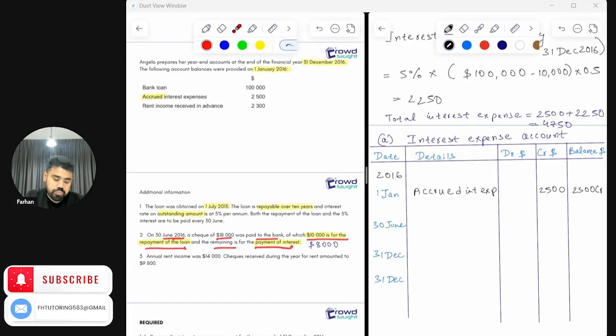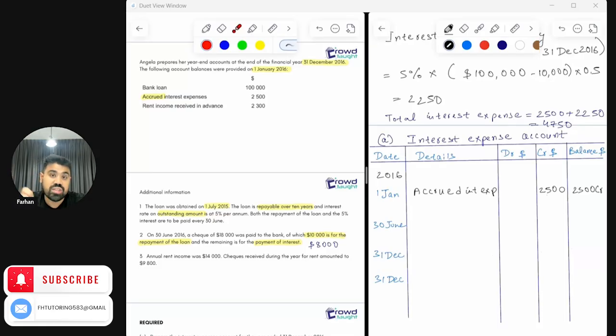Okay? Now, when we are making a payment for interest, what is the journal entry? Debit interest expense and credit the cash at bank. Now, why is the cash at bank being credited? Because the question explicitly mentions the word check. And cash at bank is credited because assets are going down. Our funds available in the bank account are going down. So when assets go down, we credit it.